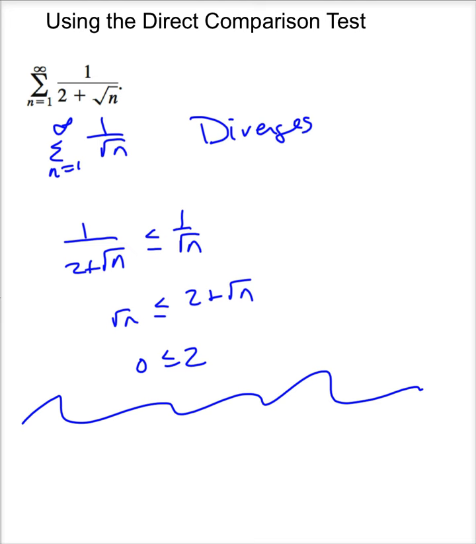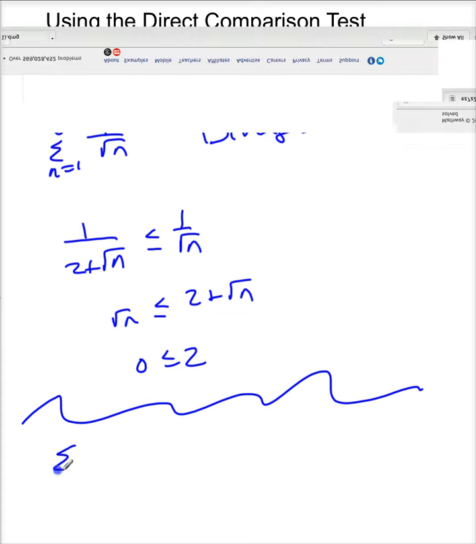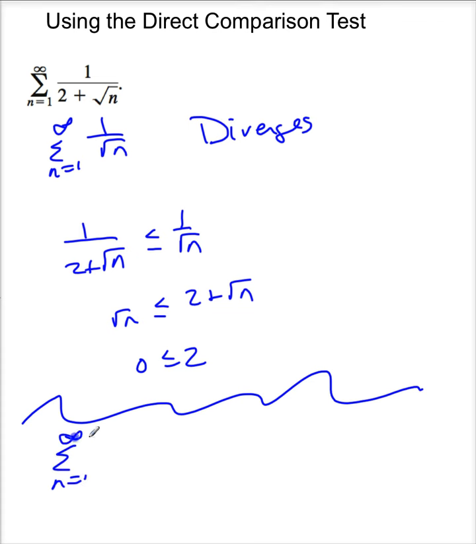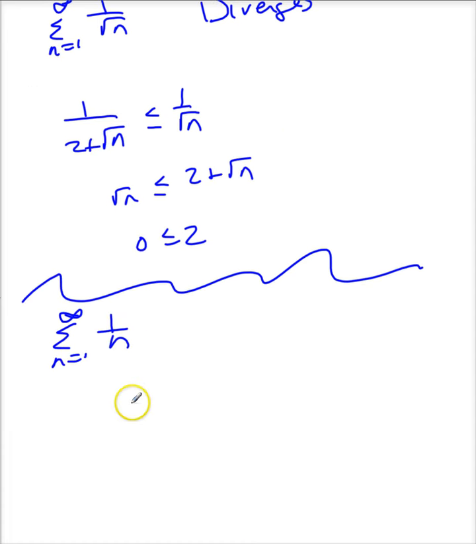Well, the next series that I know, and I'm suspecting that this always diverges, let me look at the sum as n goes from 1 to infinity of 1 over n. Let me do a term-by-term comparison of this one. If a sub n is 1 over n, is that less than or equal to 1 over 2 plus the square root of n?